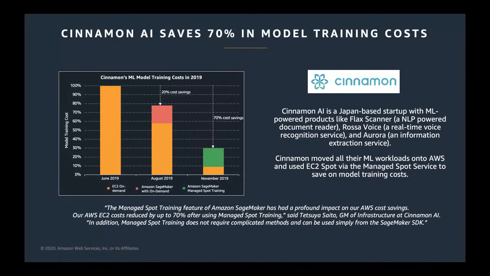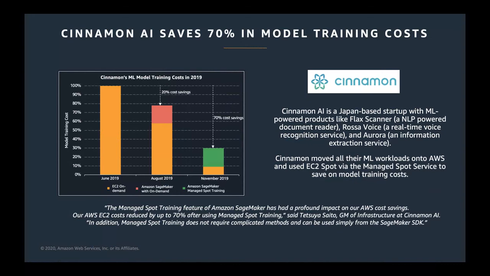So if you want to go for example, actually, I'll give the example of Cinnamon AI. As a Japanese company, they have their own products like Flax Scanner.